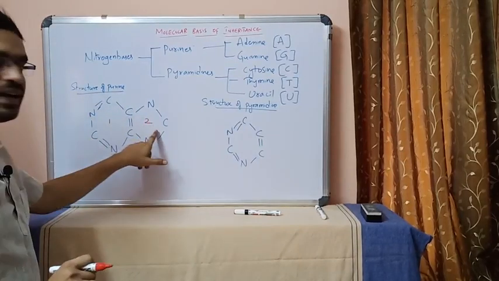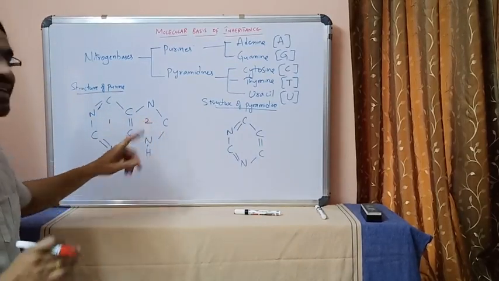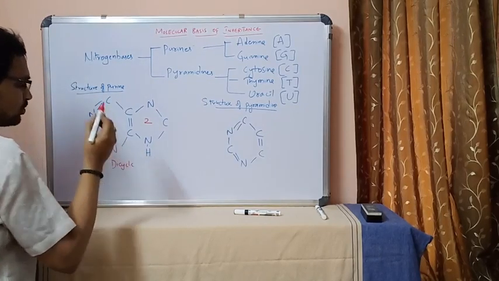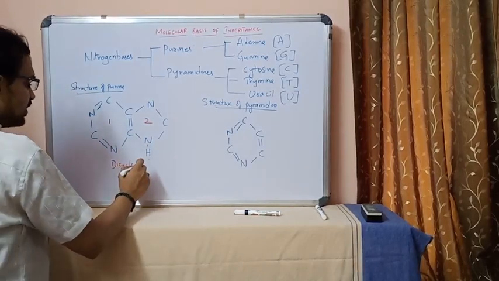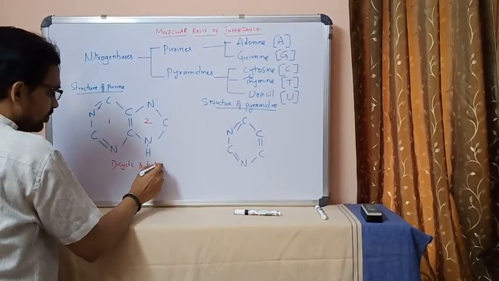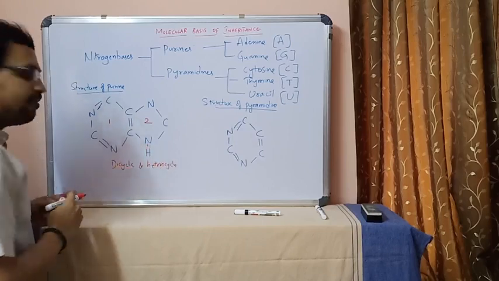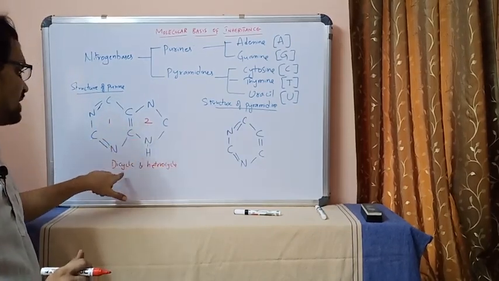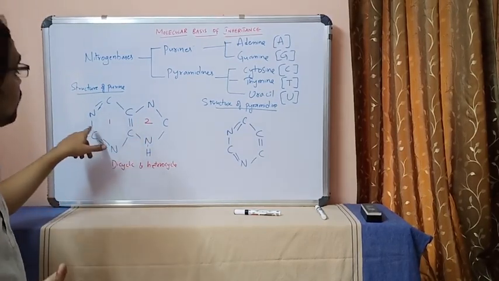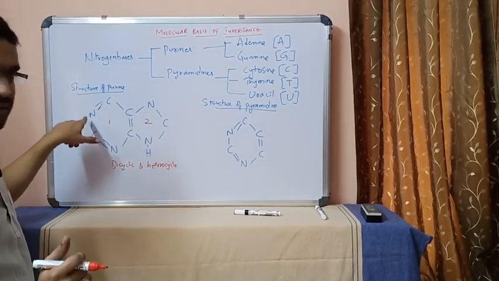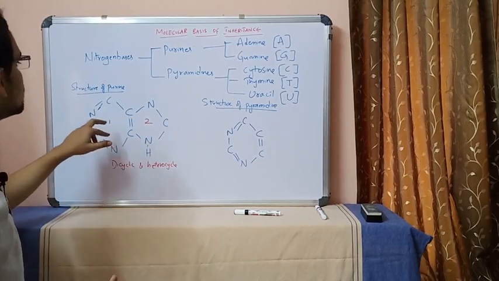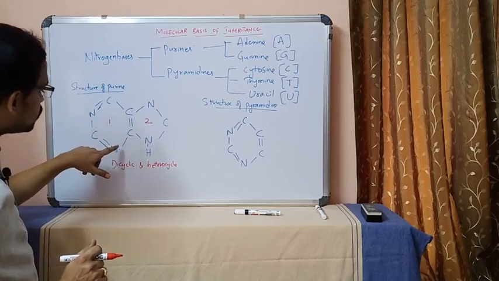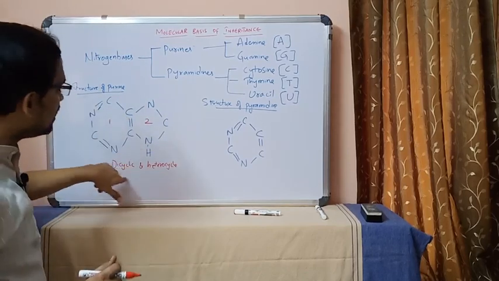Hence it is called dicyclic. Why is it called heterocyclic? Different types of atoms are present here: carbon, nitrogen, hydrogen. Hence it is called heterocyclic.